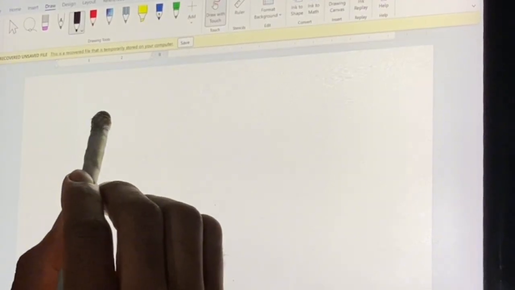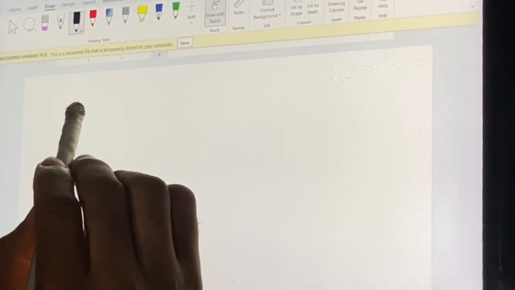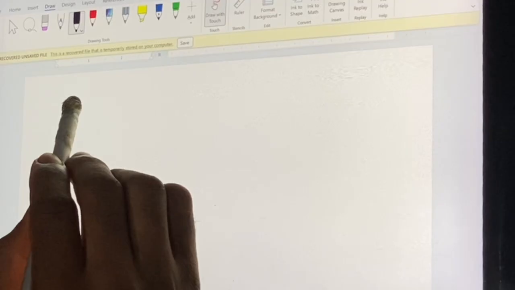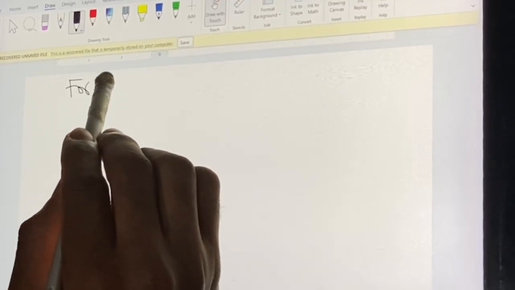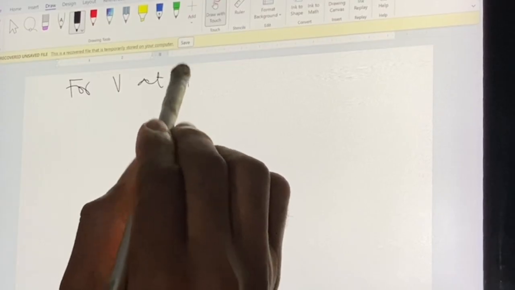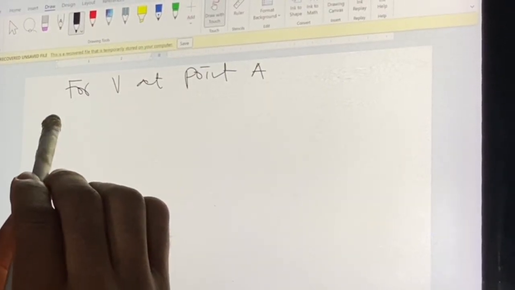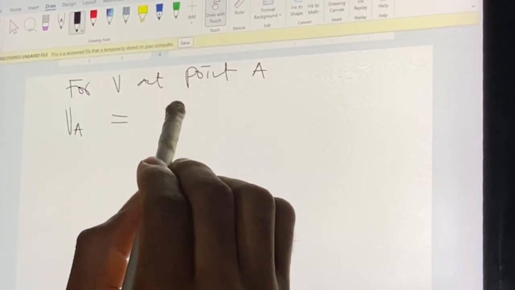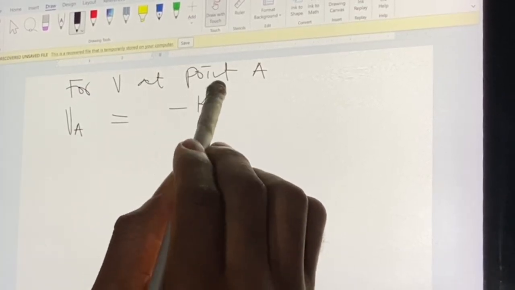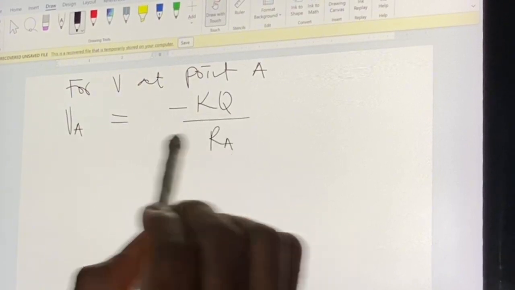To express electric potential difference, we have to take 2 points, A and B. So taking 2 points, A and B, the first point, V at point A, I will have the expression VA equal to minus KQ over RA.